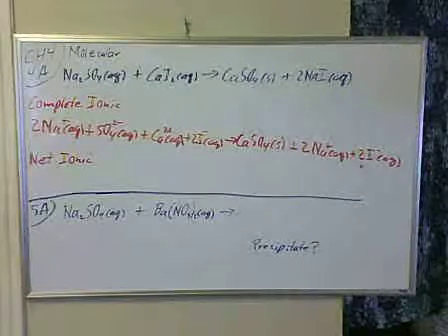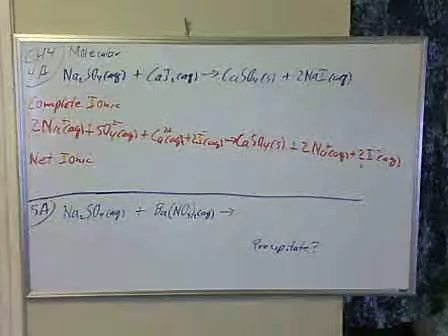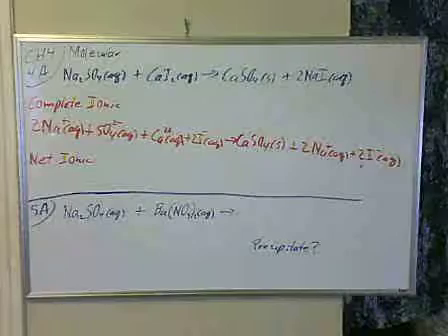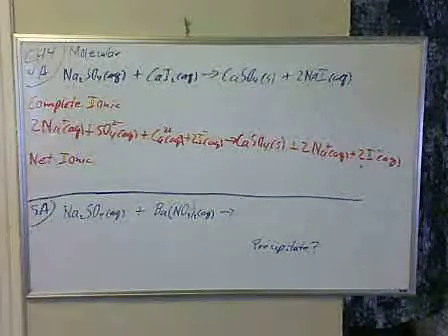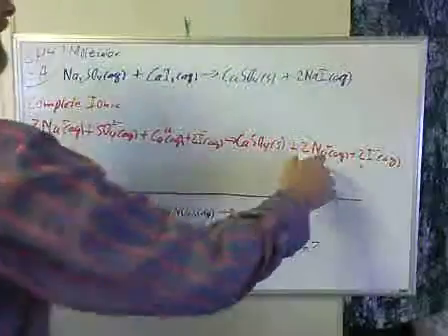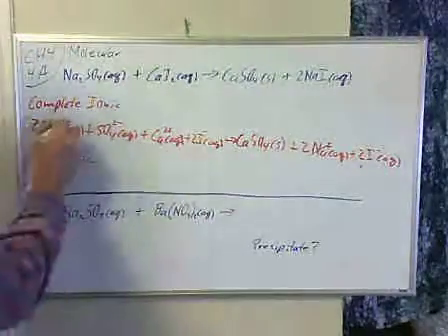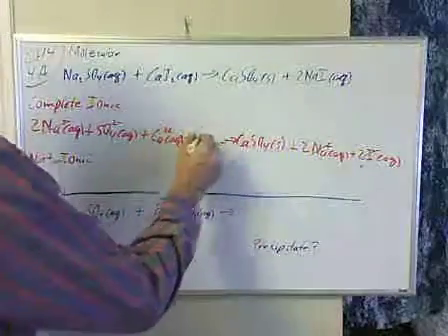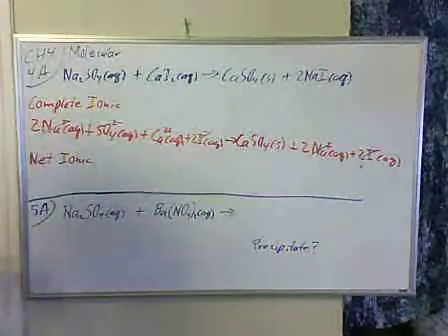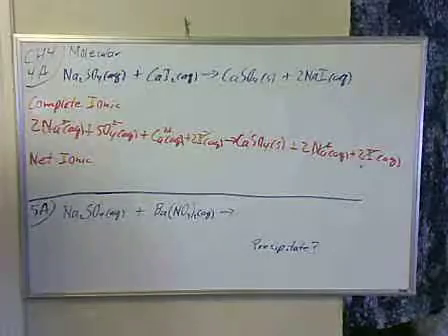To get to the net ionic equation, we want to remove what is not participating in the reaction. So remove what is identical on both sides of the equation. And we have 2 sodium ions on both sides of the equation and 2 iodide ions on both sides of the equation. So the net ionic will have the rest of that reaction.